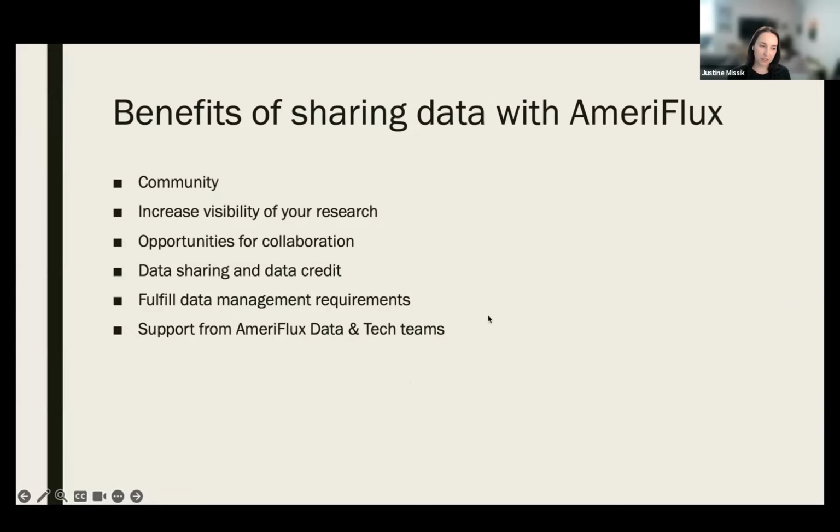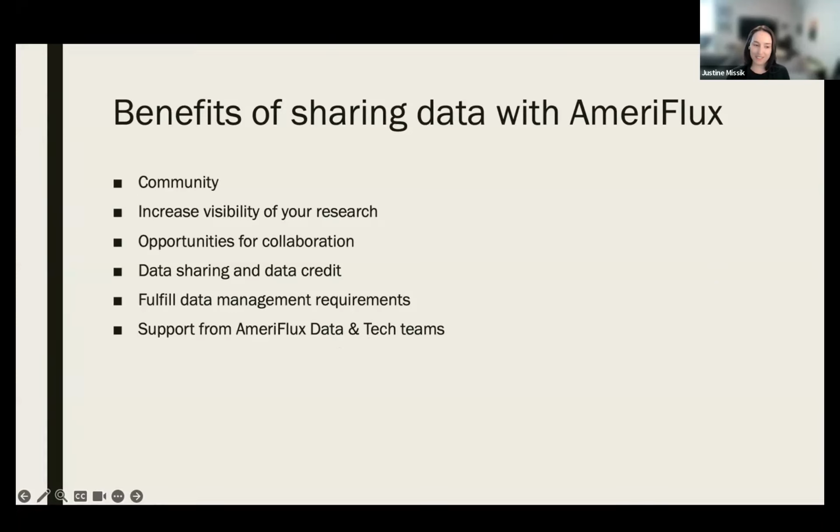Having your data in AmeriFlux can be an easy way to fulfill data management or data publishing requirements, either from whatever funding agency you're working under, which probably has requirements about data management and data needing to be made public, and also requirements from journals when you go to publish your work.